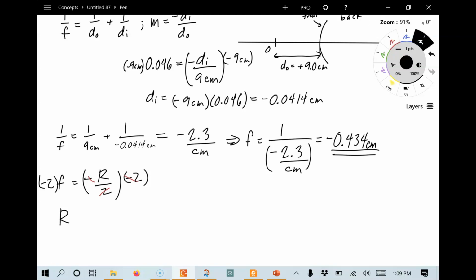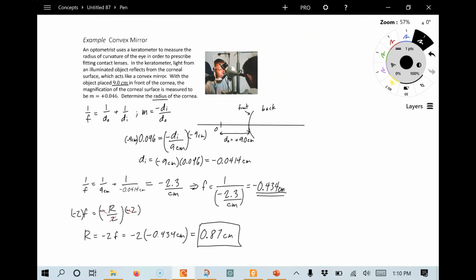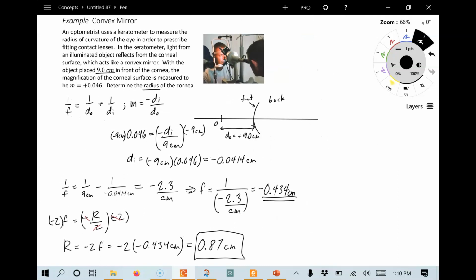So r is going to be equal to minus 2f. That's minus 2 times minus 0.434 centimeters, which gives us a value of about 0.87 centimeters. So that's the radius of the cornea in this case, since the cornea is acting as that convex mirror.